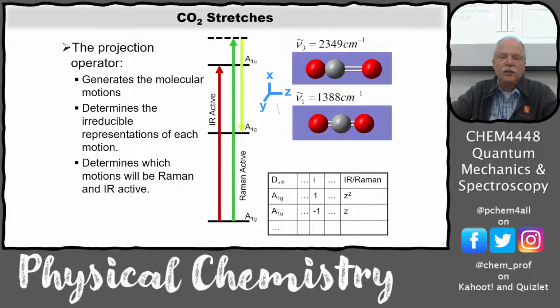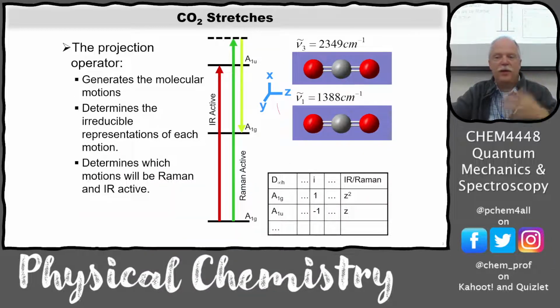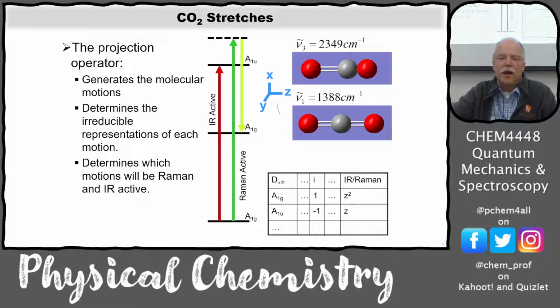So here's the CO2 molecule, and it has two fundamental stretches that may show up in the mid-infrared region. One of them is Raman active. That's the new one. So 1388, that would be the symmetric stretch. And then the asymmetric stretch is 2349, and the asymmetric stretch is infrared active.